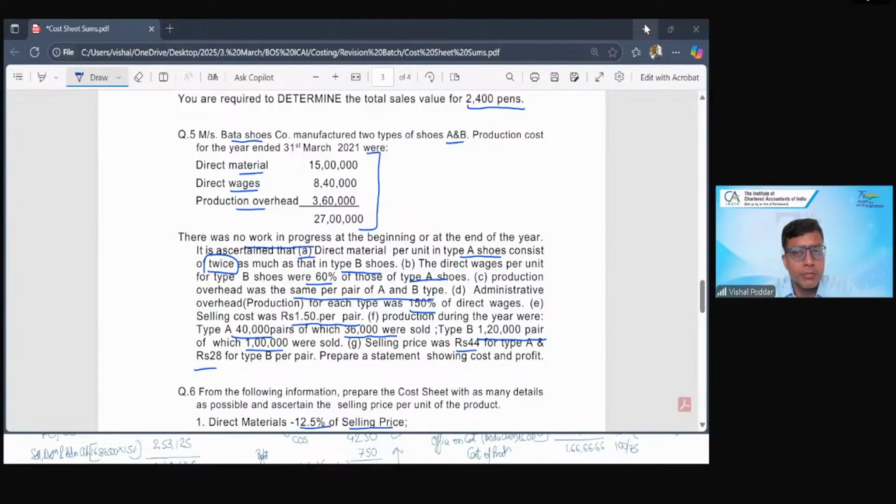Read it again, minutely. What appears to be an oral calculation is actually not. There is some mathematical working involved. See if you are getting that.